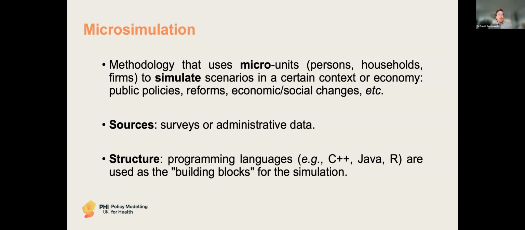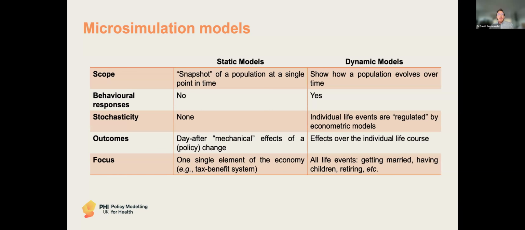Microsimulation models are run normally on surveys or administrative data, depending on the availability, and are built using programming languages that serve as the backbone of the infrastructure for the simulation. The main distinction in the microsimulation world is between static and dynamic models.